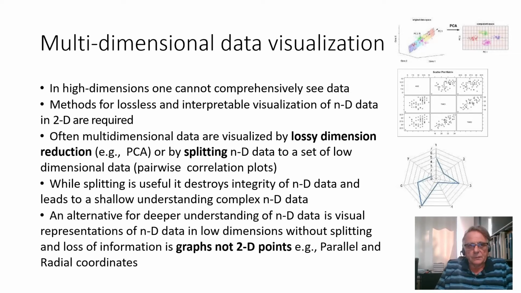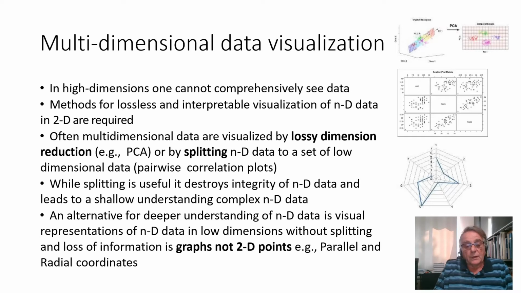And the variability of attributes is not necessarily related to the issue of discovering how these attributes relate to the target attribute. An alternative is splitting ND data into a set of low-dimensional pairwise correlation plots. This is good, but it destroys the integrity of ND data and leads to a shallow understanding of complex data.